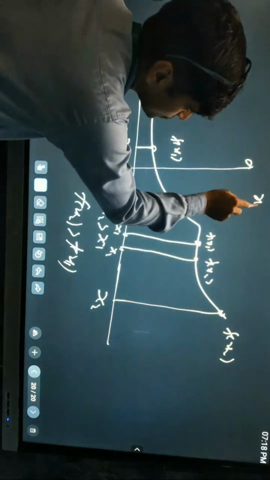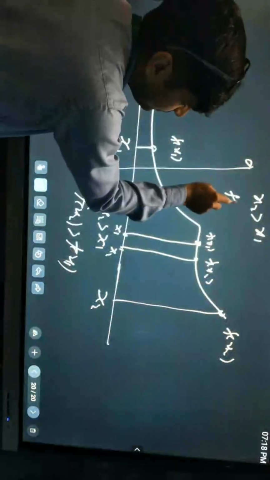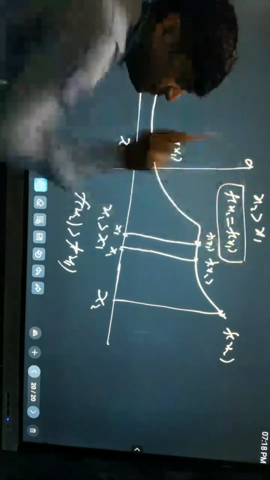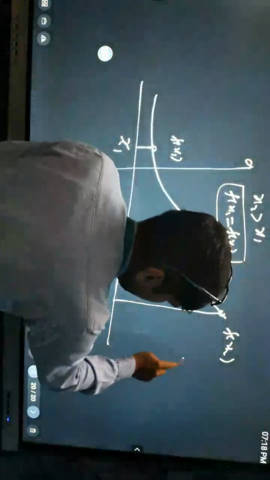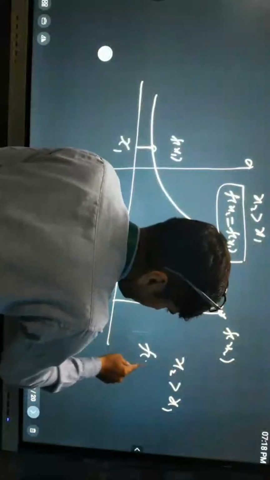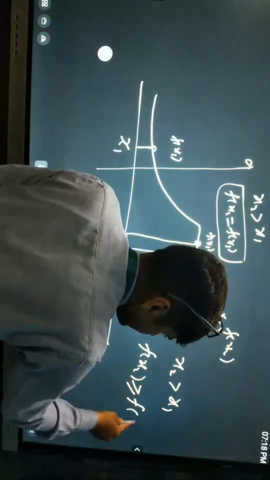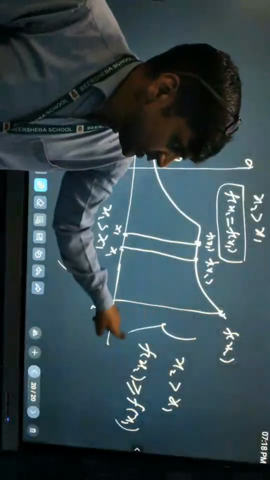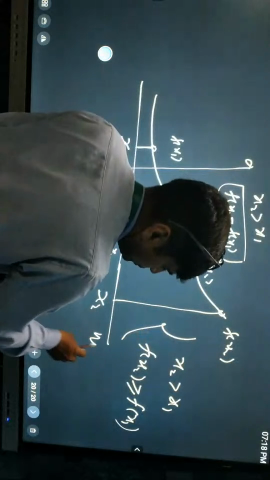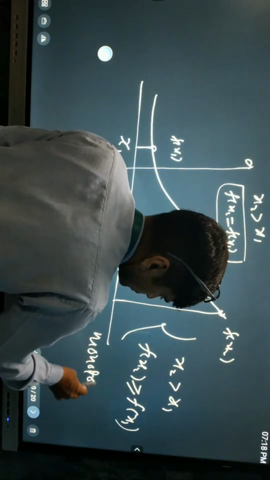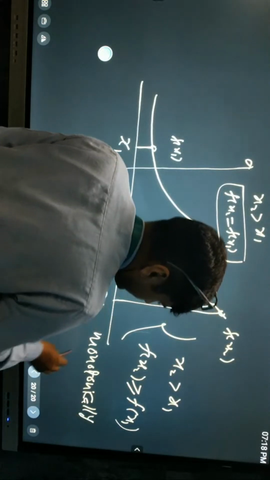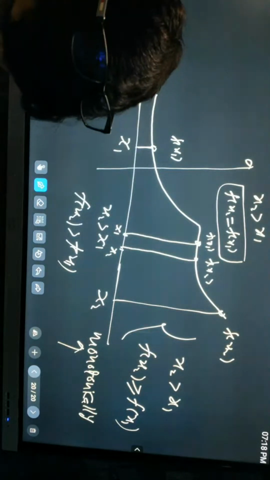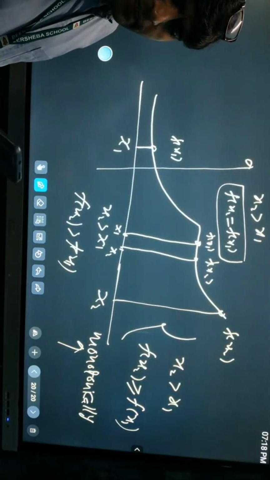So listen carefully. x2 तो greater than x1 से, but f(x2) is equal to f(x1) मिल गया, इक्वल वाली वैल्यू मिल गई. तो if x2 greater than x1 but f(x2) is greater than or equal to f(x1), this is known as monotonically increasing function बच्चों.